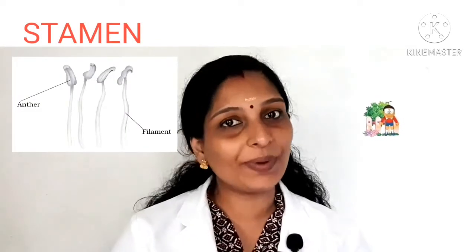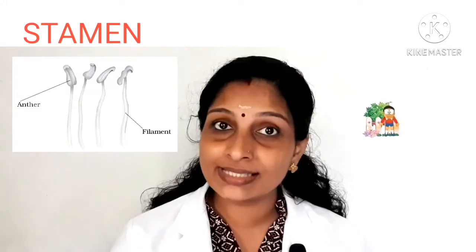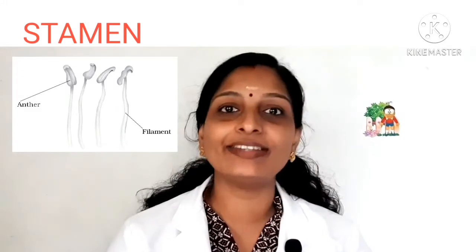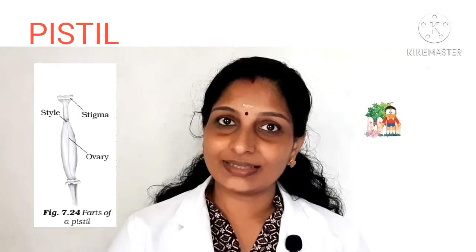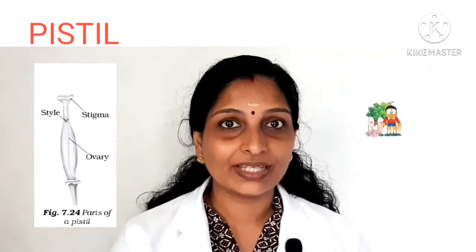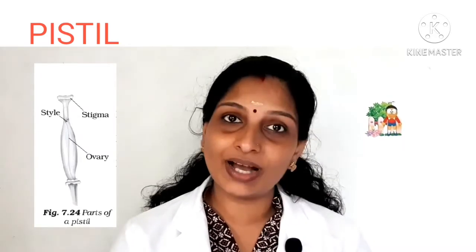Then next is stamen. Stamen is the male reproductive part of a plant. Stamen has filament and anther. Then pistil is the female reproductive part of a flower. Pistil has style, stigma and ovary. Ovules are present inside the ovary.